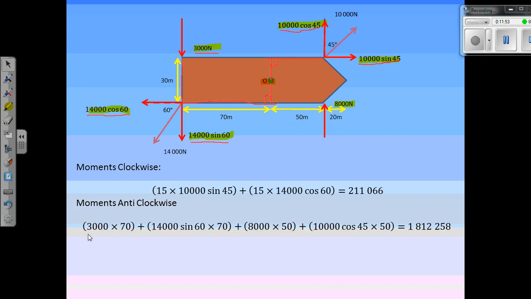Okay, so there we have it. There we have all of those calculations, which you can put in a calculator, and we get 1,812,258 Newton meters. Now, if we take anti-clockwise moments to be positive, and the clockwise moments negative, the overall moment is going to be 1,812,258 subtract 211,066, which is approximately 1.6 million Newton meters.